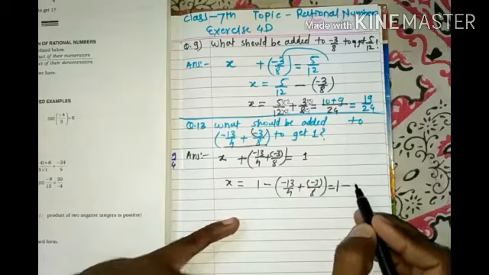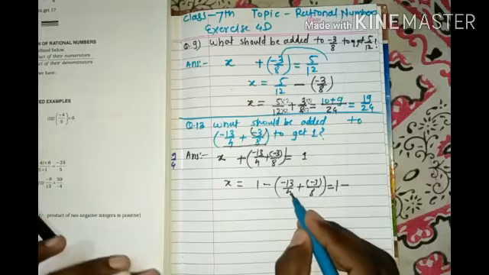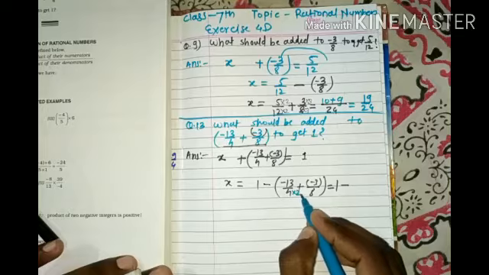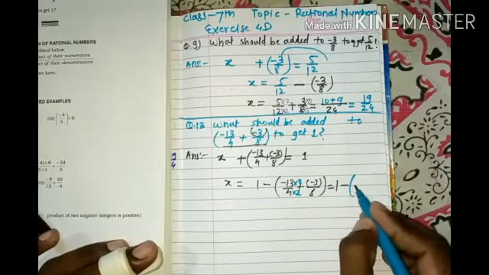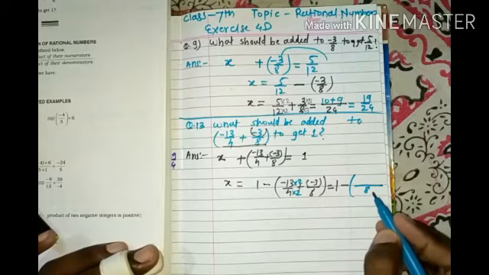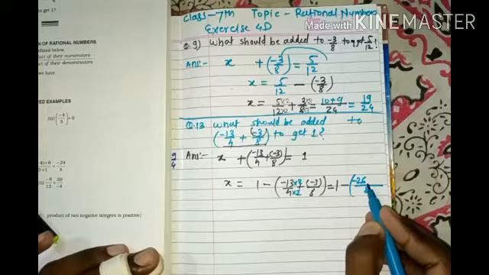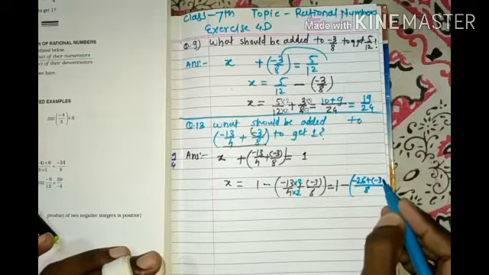So 1 minus this bracket. Let's find out this first. What will be the LCM of 4 and 8? Yes, 8. So I will directly write 8 as the LCM, and then 4 twos are 8, 13 twos are 26, so minus 26, and this plus minus 3.